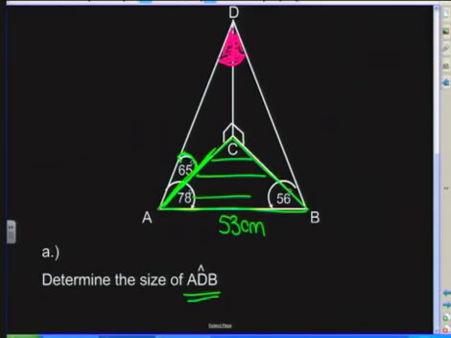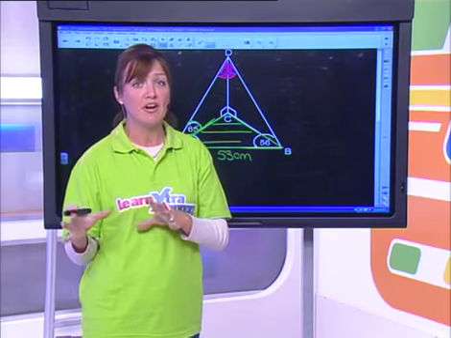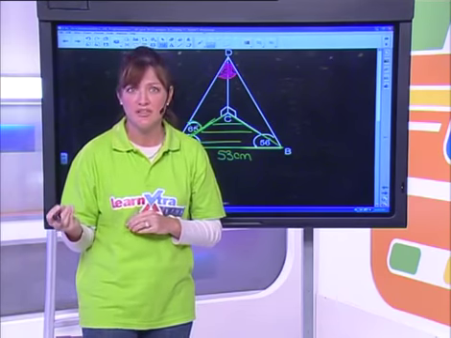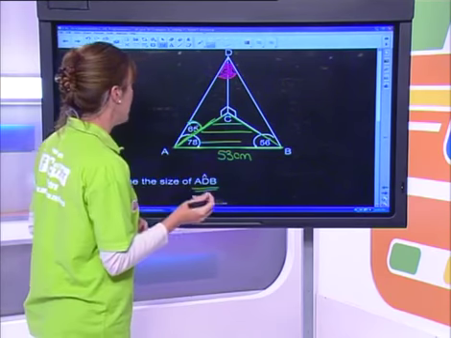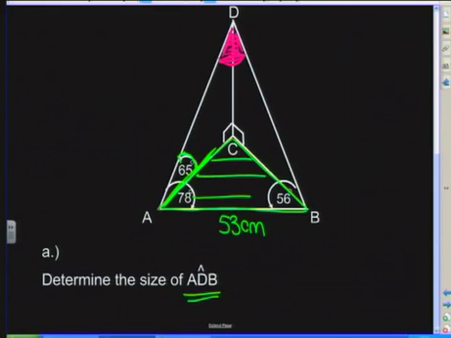Okay, so before we dive into it, let's take a very careful look. Let's look through all the information that we've got. Let's see if we can determine without too much working out what is the size of angle ADB. Well, let's consider the triangle ADB, the big triangle at the front surface of that three-dimensional figure over here.